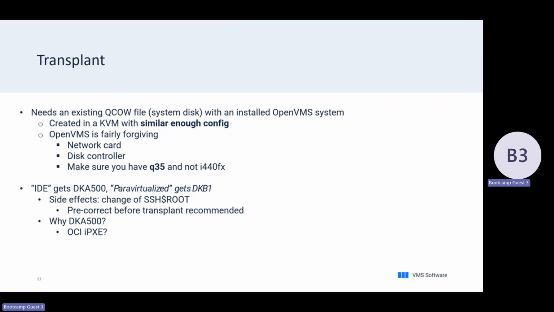So you won't be able to SSH into that directly. So this is why you should pre-write this before you upload this image. And later on, we managed to get parameterized disks working as well. And that would be DKB1. That's the numbering that it will follow. Why DK500? We have a guess that it's OCI's internal ESXi script doing some stuff, but we have not confirmed.